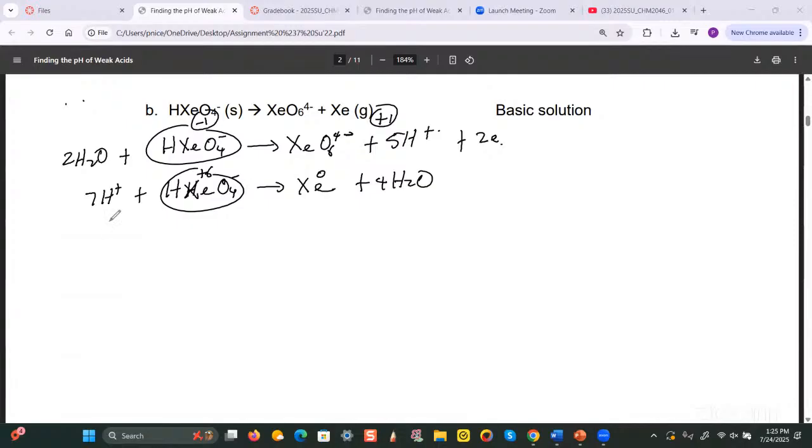What about the second half equation? Let me erase this here to avoid confusion. What would you do to the second half equation? How many charges total do we have on the left? +6.